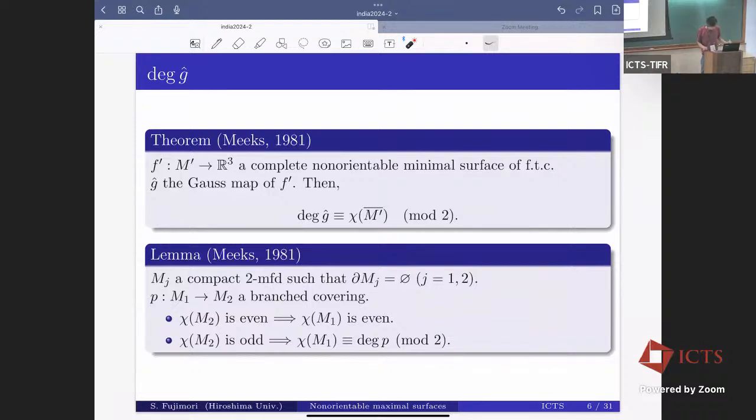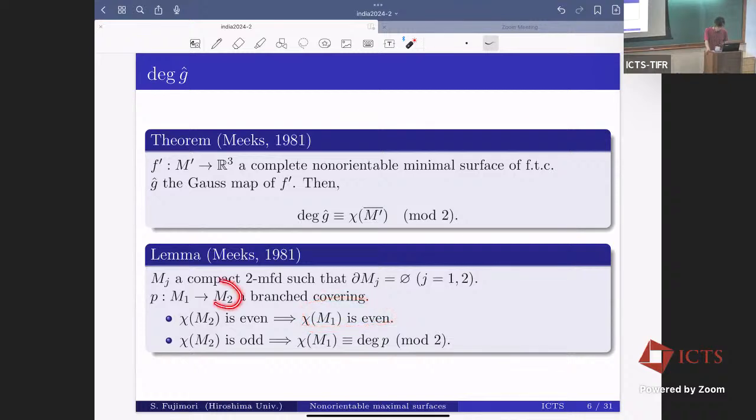To show this theorem, Meeks showed this lemma. Let M1, M2 be compact two-manifolds with empty boundary, so without boundary, and P from M1 to M2 a branched covering. Then Meeks showed that if the Euler characteristic of M2 is even, then that of M1 is also even.